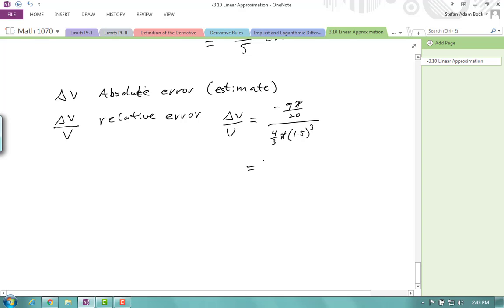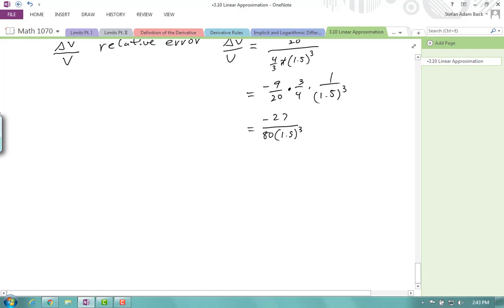I'll have minus 9 over 20 multiplied by 3 over 4 times 1 over 1.5 cubed, which is negative 27 over 80 times 1.5 cubed. Eyeballing this, it is a much smaller number than I had before.